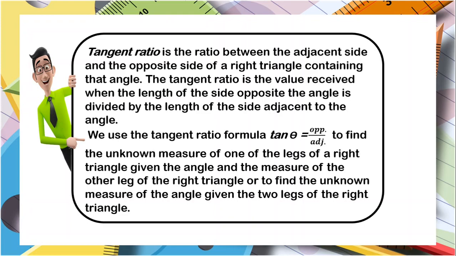We use the tangent ratio formula, tan theta equals opposite divided by adjacent, to find the unknown measure of one of the legs of a right triangle given the angle and the measure of one leg, or to find the unknown measure of the angle given the two legs of the right triangle.